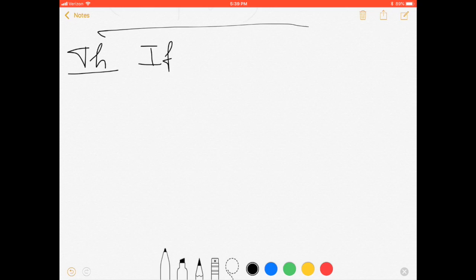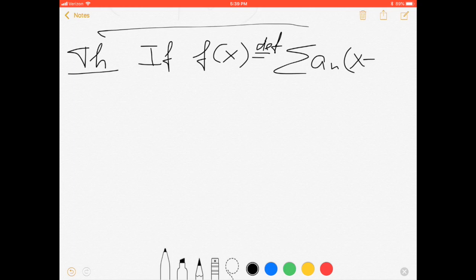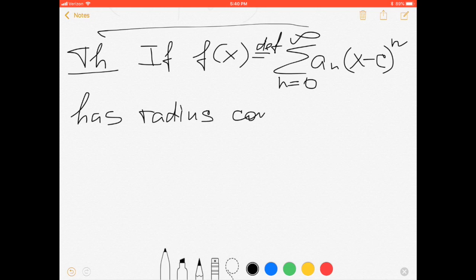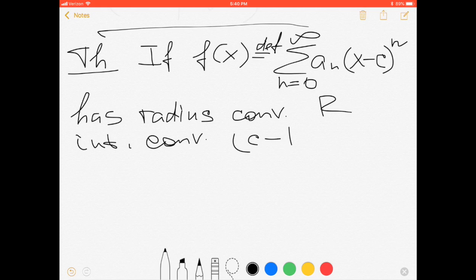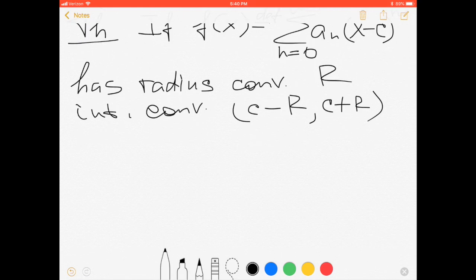It tells us if your function f(x) defined as the power series sum of a_n (x minus c) to the power n, starting from 0 to infinity, has radius of convergence R and interval of convergence (c minus R, c plus R), then first we can define the derivative and antiderivative of this function.